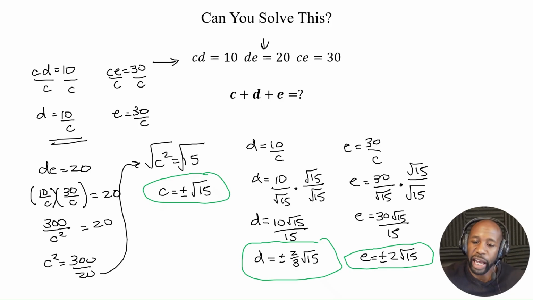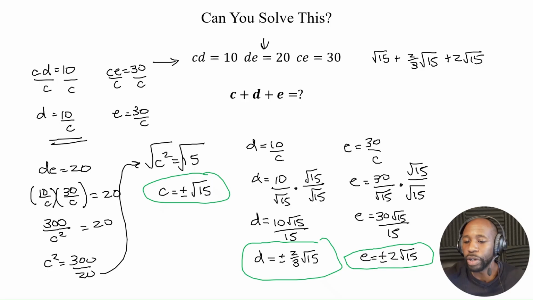Now we're going to add these. So I'm going to add the positive versions of each of these. So you have C, so this equation is square root of 15 plus D is 2/3 square root of 15, and then E is 2 square root of 15. So basically, all we do here is, square root of 15 is kind of like a variable in the sense you treat it that way.